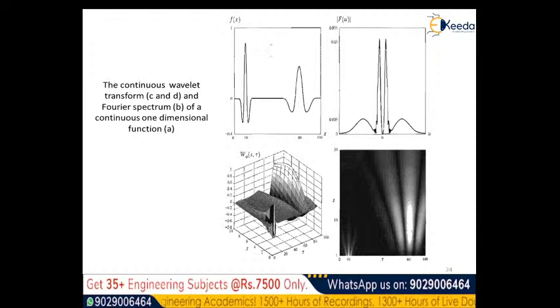Part A is the one dimensional signal, as usual denoted by f of x. When this function is fed as input to the Fourier tool, we obtain the spectrum. Whereas in part C and part D we have the continuous wavelet transformation.